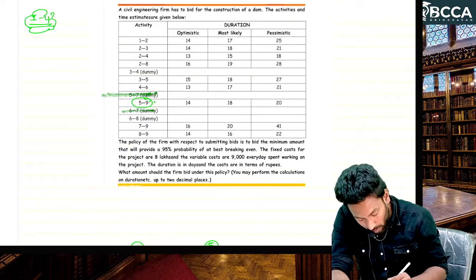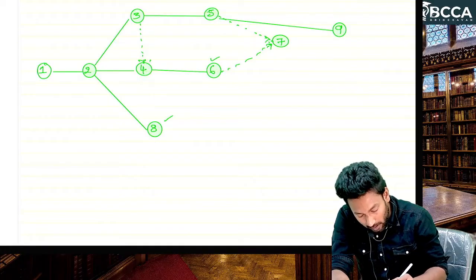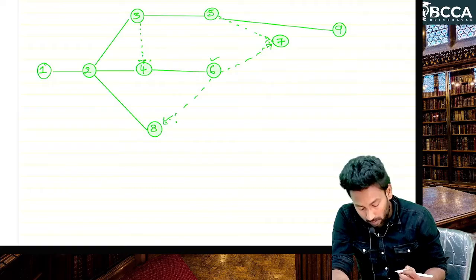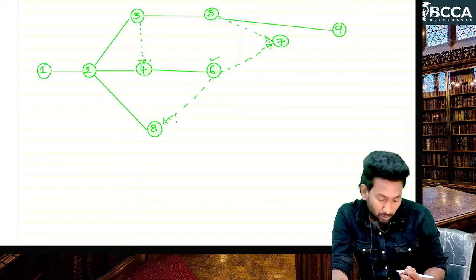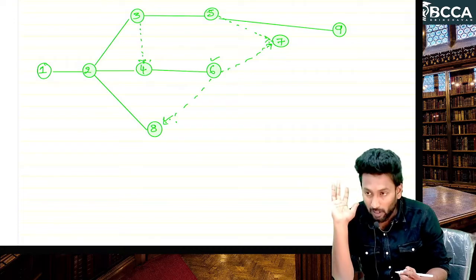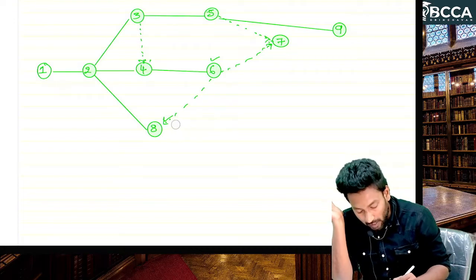Next, 6 to 8 is a dummy, so we have to connect the dummy like that. But in the right to left direction we should not draw arrow marks, as time flows from left to right.